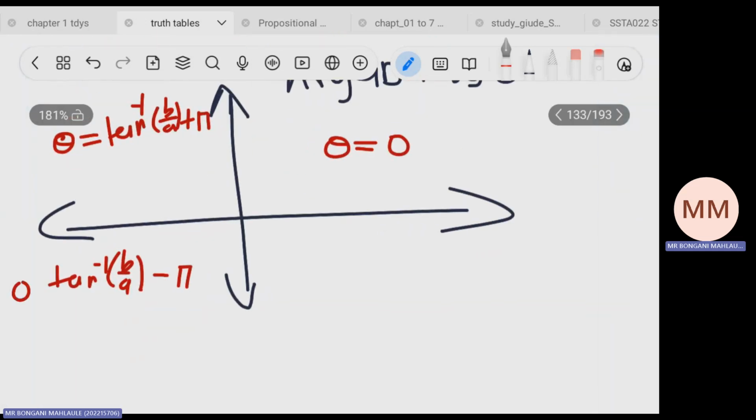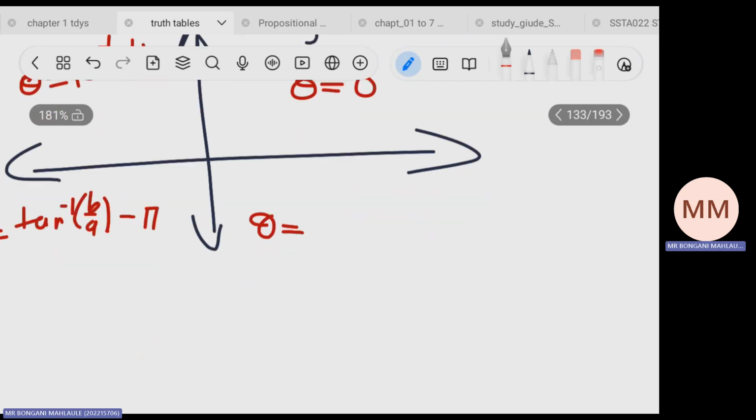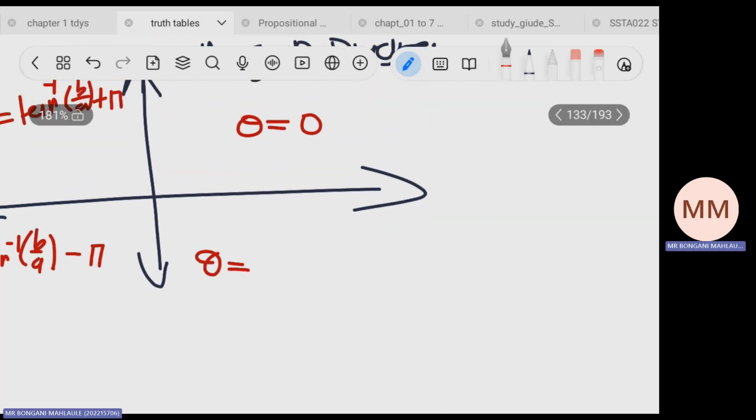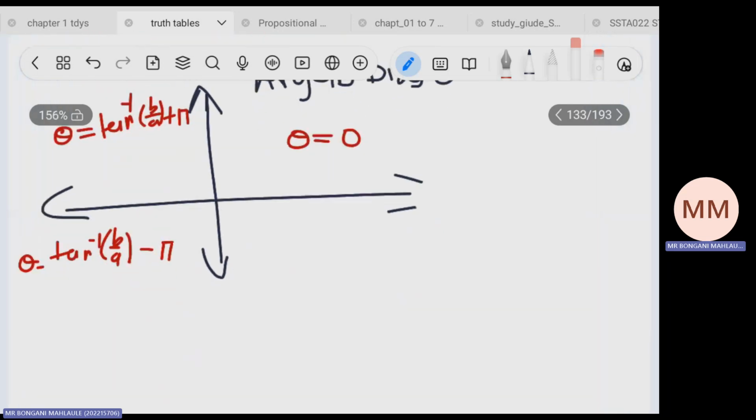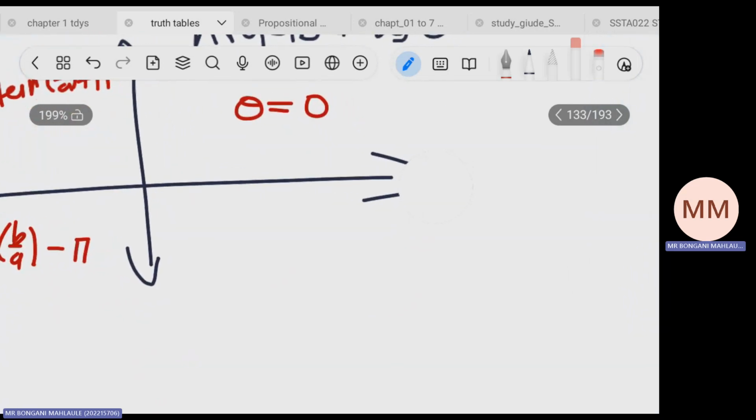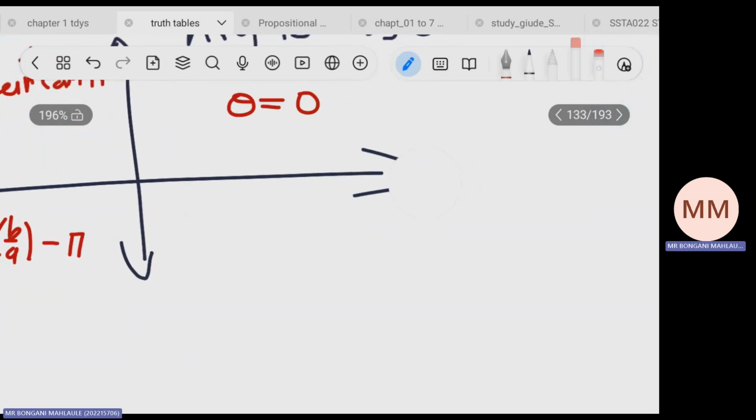So this is equal to theta. And then here, theta is, I think, just equal to pi, but let me first confirm. Z is on the negative axis, so a will be less than 0.